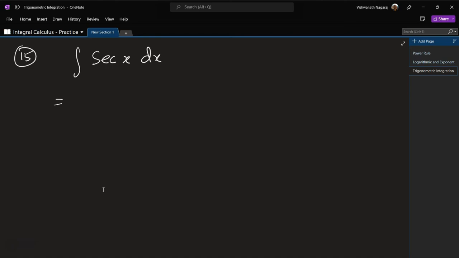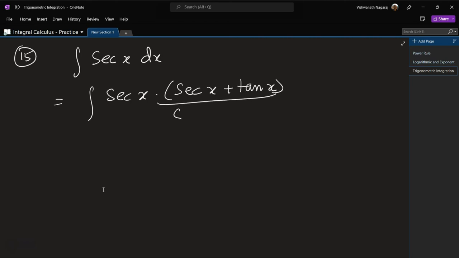So what we can do is something like rationalization. We multiply sec x by sec x plus tan x and divide it by sec x plus tan x, dx.